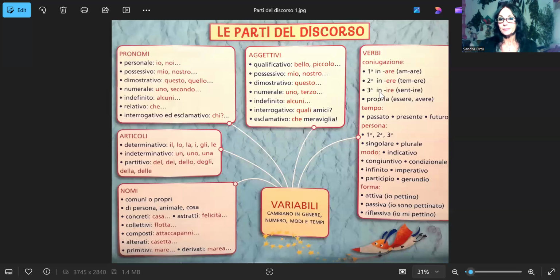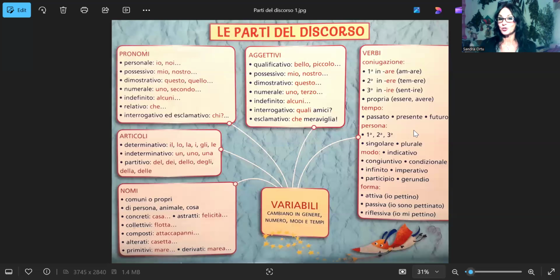And then verbs, obviously, verbi. We have seen only a few in the present tense, and we have seen that they do change according to who is performing the action. Every verb is an action, really. So we've got the endings, and those change according to the subject, who is performing these actions, so they can be singular and plural.